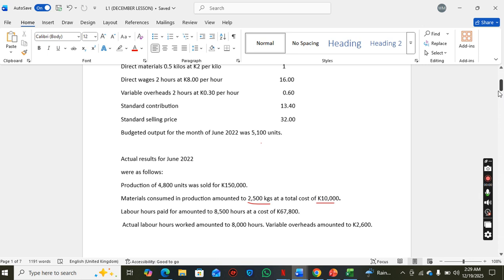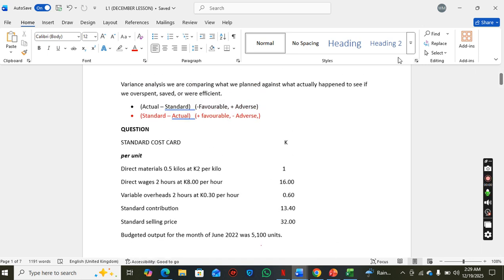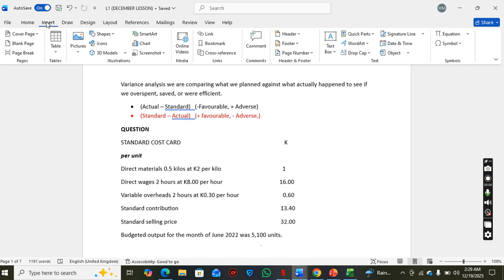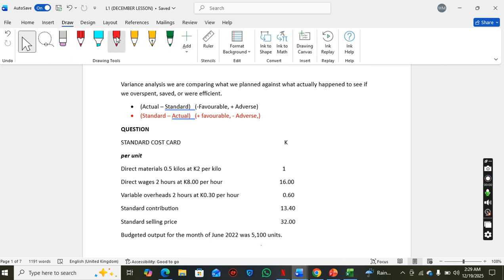Okay, so when you're dealing with the material variances, this is what you should remember. You'll be given the standard rate. This is our standard rate for materials. This is for the price variance, PV, the price variance.